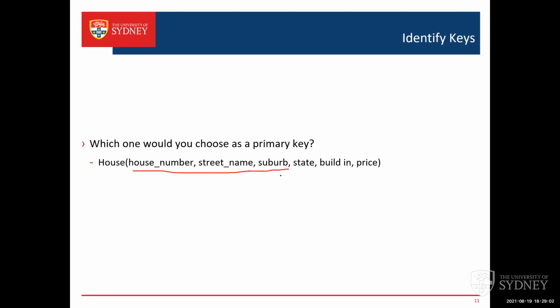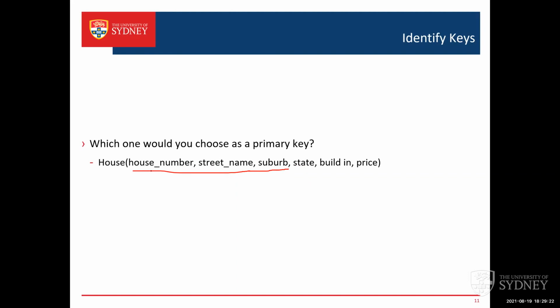Now, if we still assume that in a state there will be two suburbs with the same name, and then two streets with the same name, then there will be two houses with the same number, which is quite possible. Then you need to include the state as well. But I'm guessing in a state there will be no two suburbs with the same name.